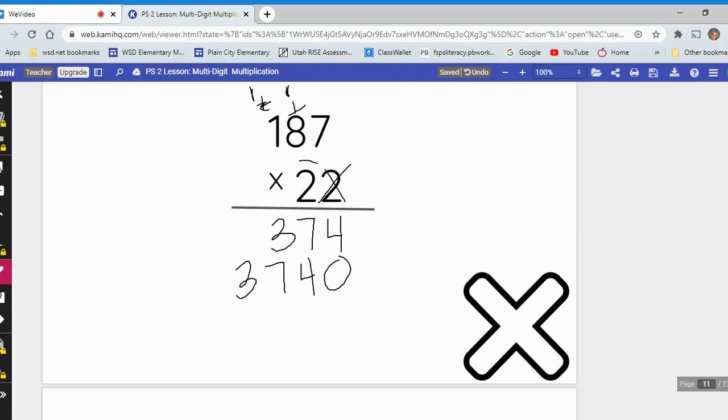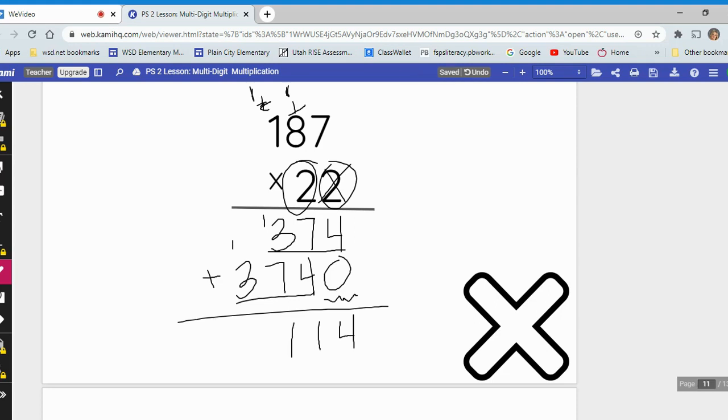Now, because these are both 2's, hopefully you notice that we're going to have the same numbers when we multiply them out. But again, we have that 0 placeholder there. So now we add them together. 4 plus 0 is 4. 7 plus 4 is 11. Carry that 1. 7 plus 3 is 10, plus 1 is 11.